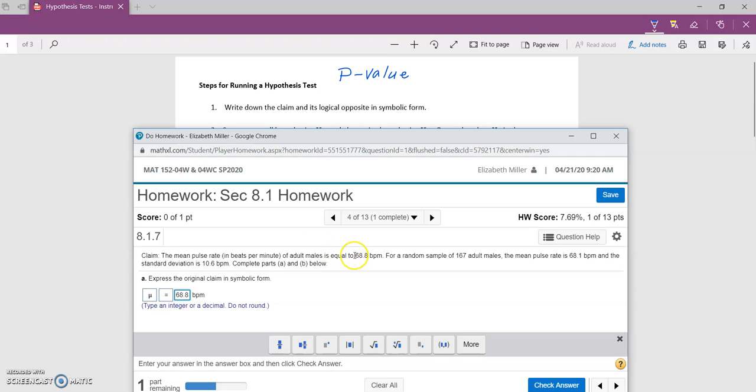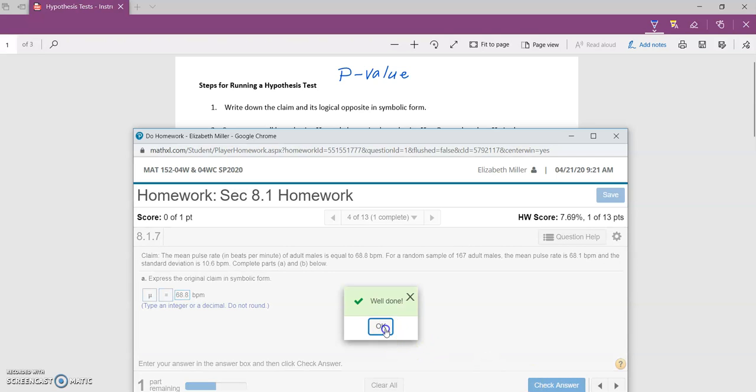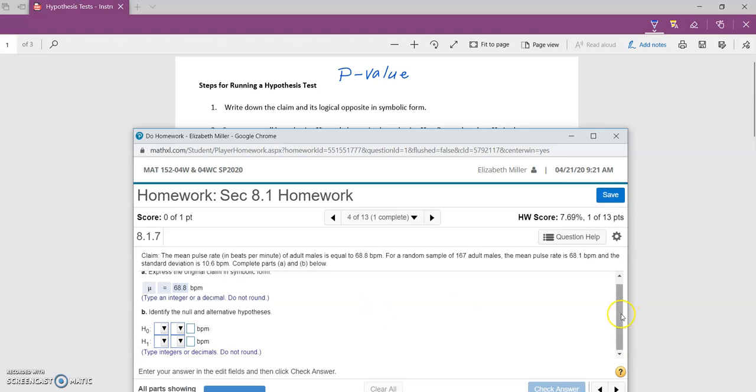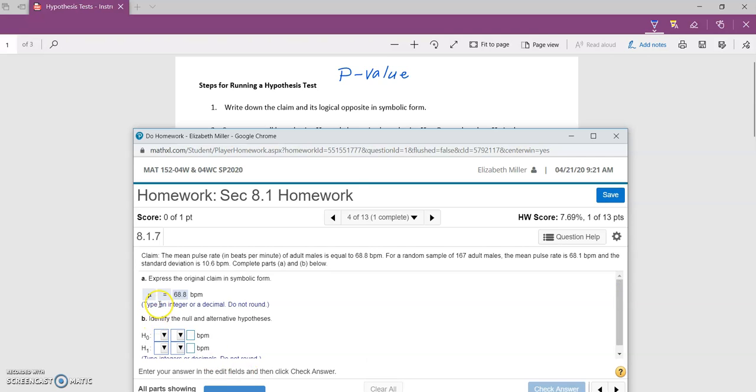If this had said less than 68.8, we would have picked less than. If it had said greater than, we would have picked greater than, or greater than or equal to, or whatever it says. So we write down the claim, which is what it asks for here, but we're also going to write down the opposite of the claim. Let me write it over here.